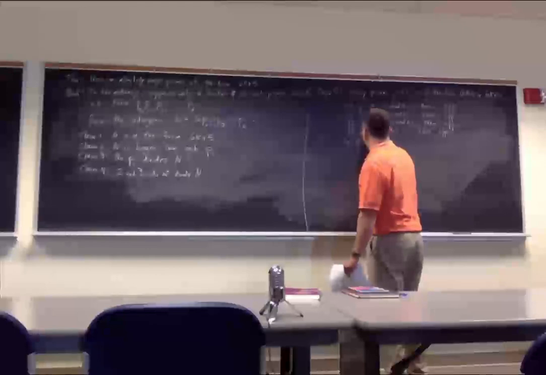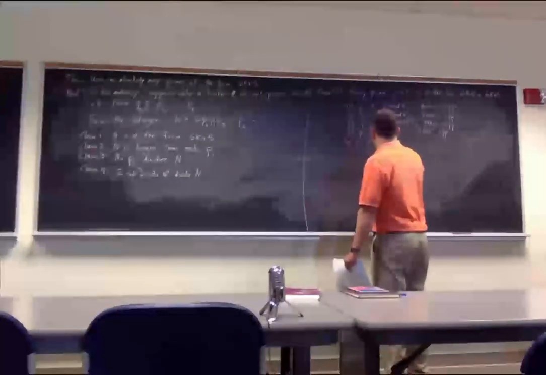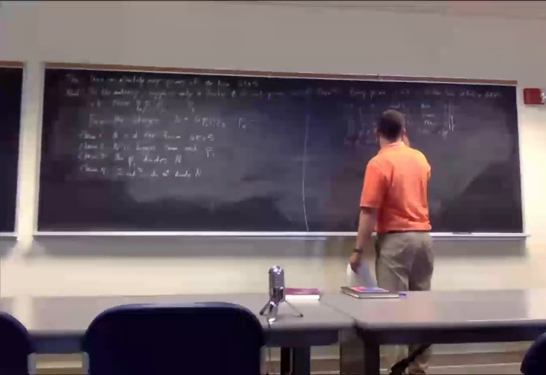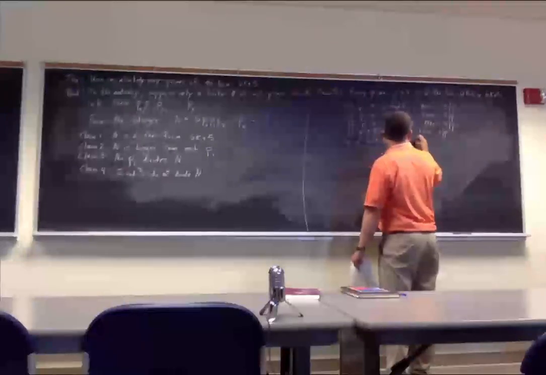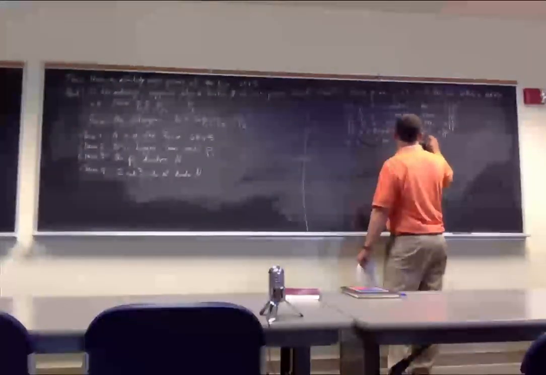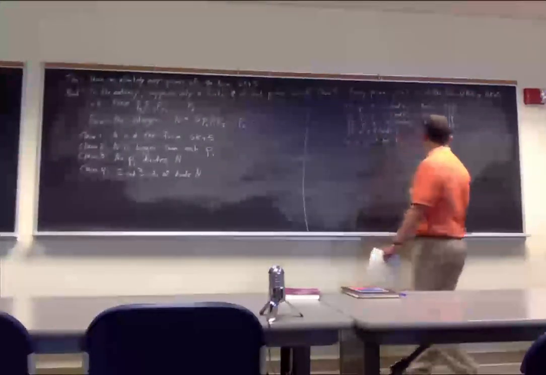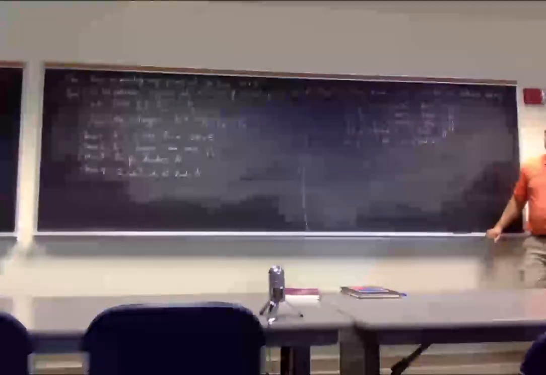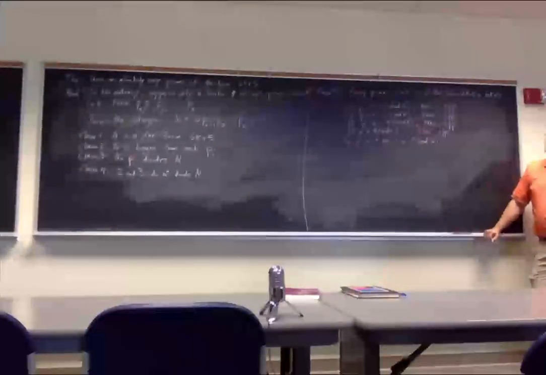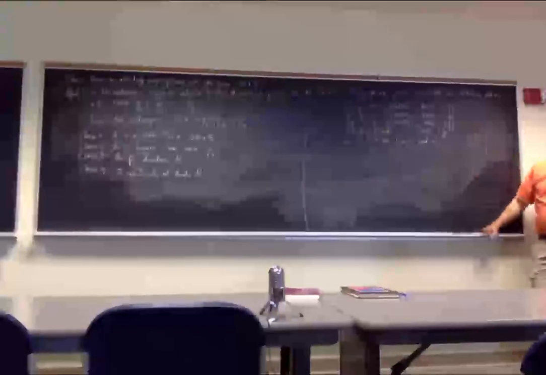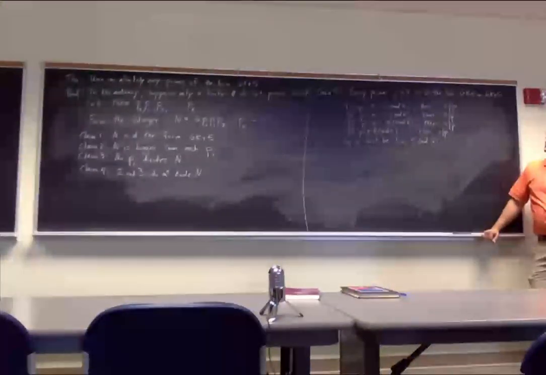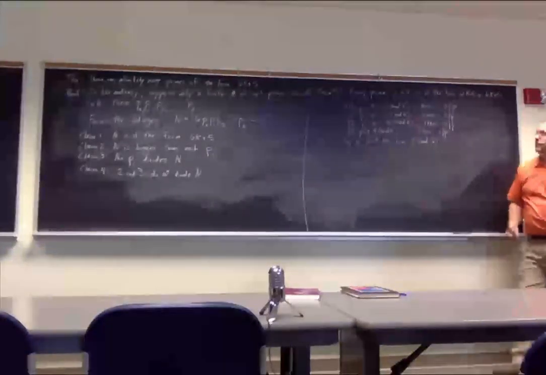So p must be 1 or 5 mod 6. Right? So that's essentially what I said. So any prime greater than 3 is congruent to 1 or 5 mod 6. Okay?